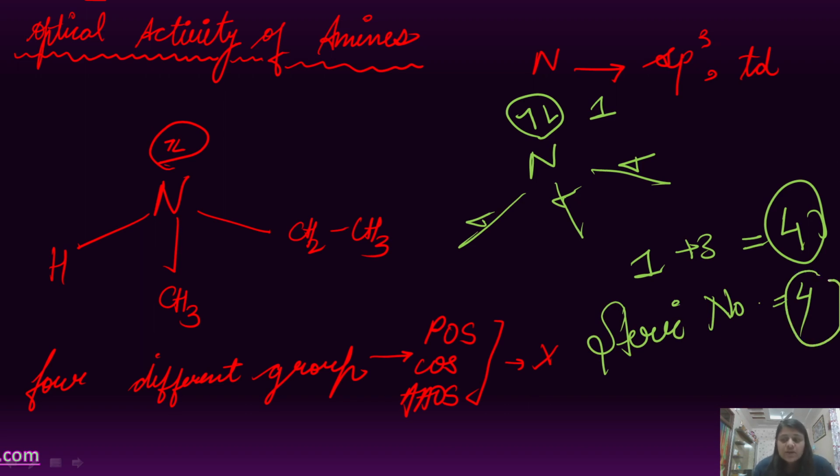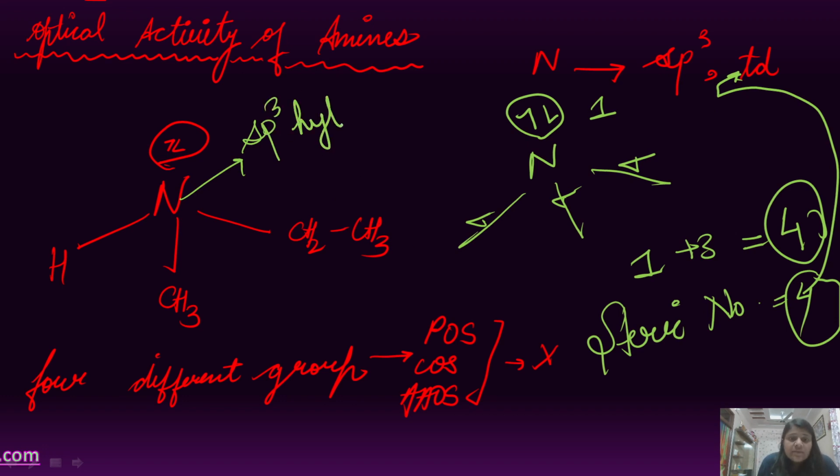And if our steric number is 4, our hybridization is sp3. This is an sp3 hybridized nitrogen atom. What does this mean? It means that this amine structure is tetrahedral in nature.